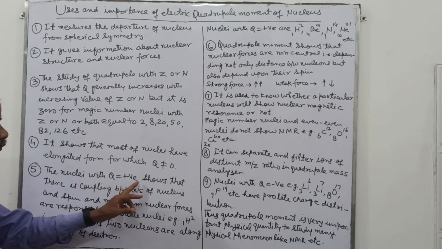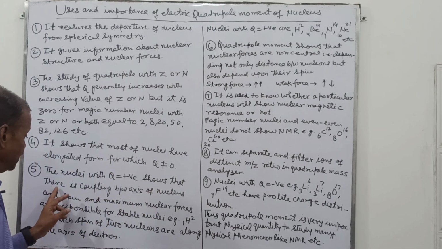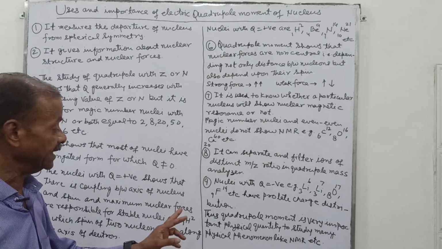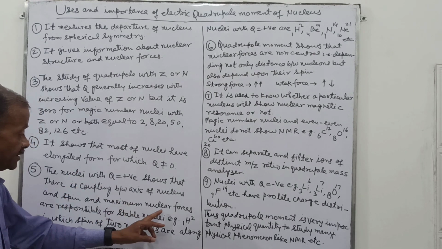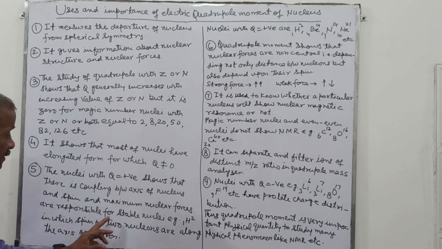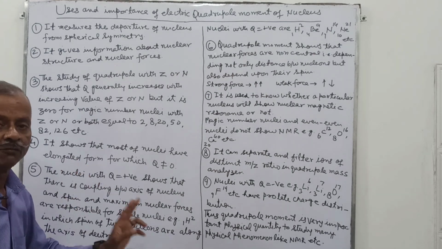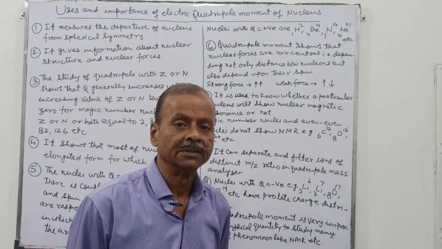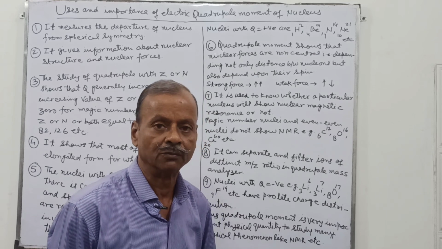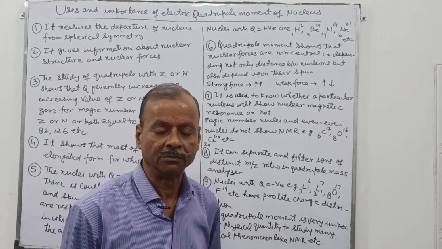Nuclei with Q positive show that there is coupling between the axis of the nucleus and the spin, and maximum nuclear forces are responsible for the stable nuclei. For example, deuterium. In deuterium there are two nucleons, one proton and one neutron.